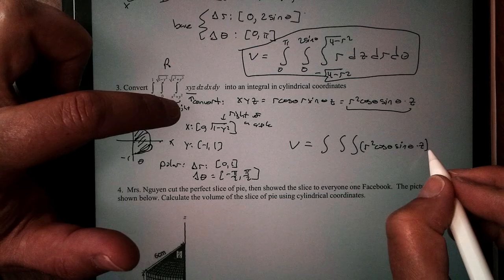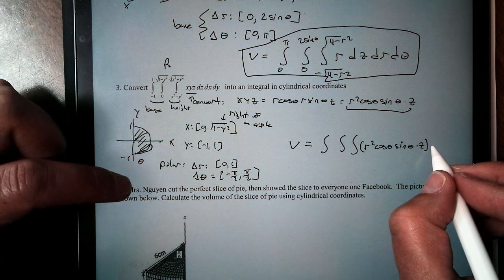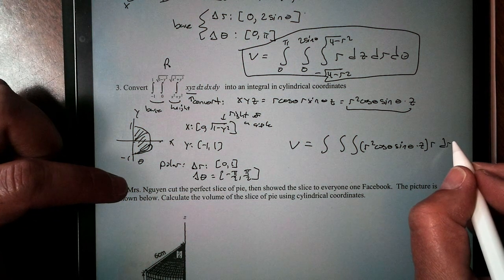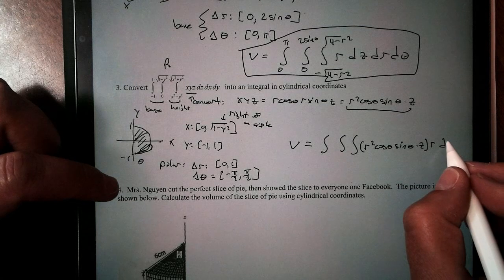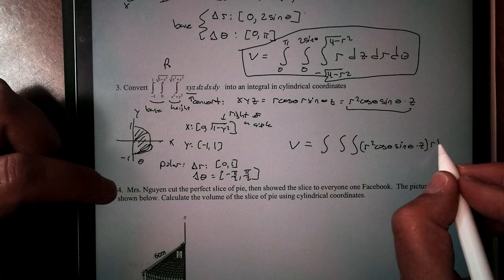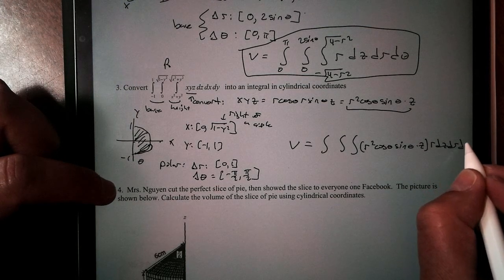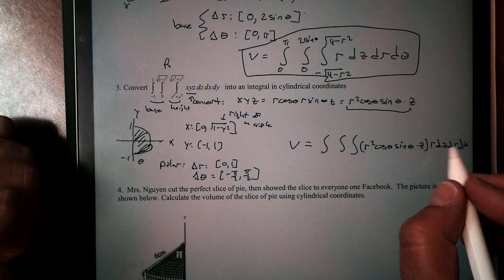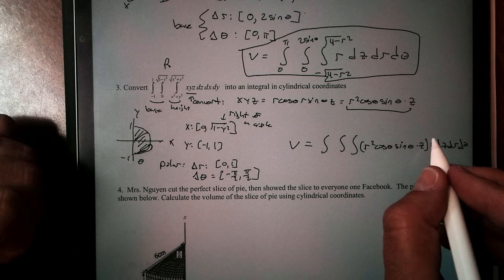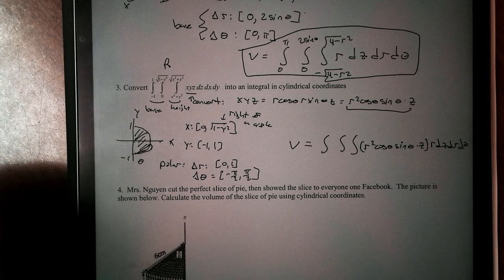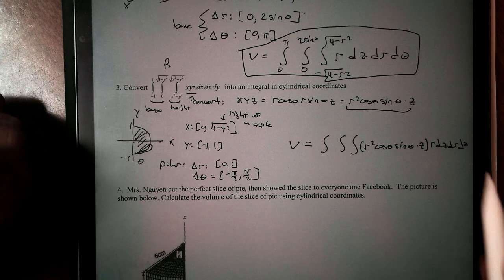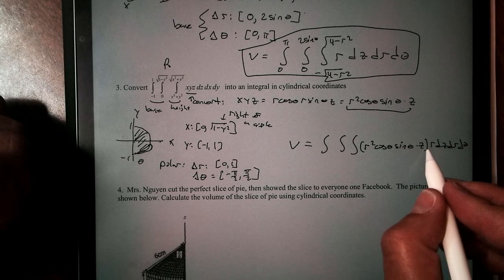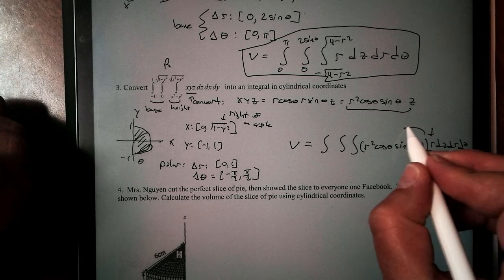So times z, that all goes in there. r, dz, dr d theta. Be careful, order does matter. Don't forget the z, don't forget this r, and you can multiply those two right away and get r squared. Don't forget this, okay? This would be distributed in.